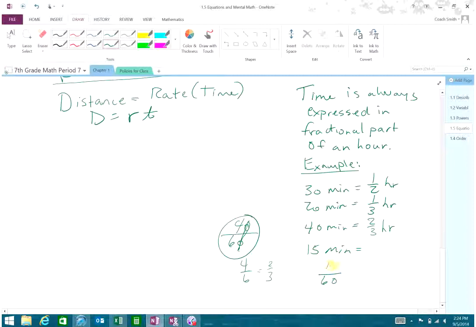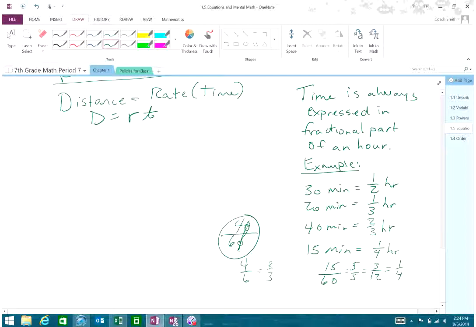And they have got 15 of them. So I have to reduce it. I can reduce it by 5 to top and bottom. That would give me 3 over 12. Three over 12 can be reduced to what? 1/4. So 15 minutes is 1/4 of an hour.